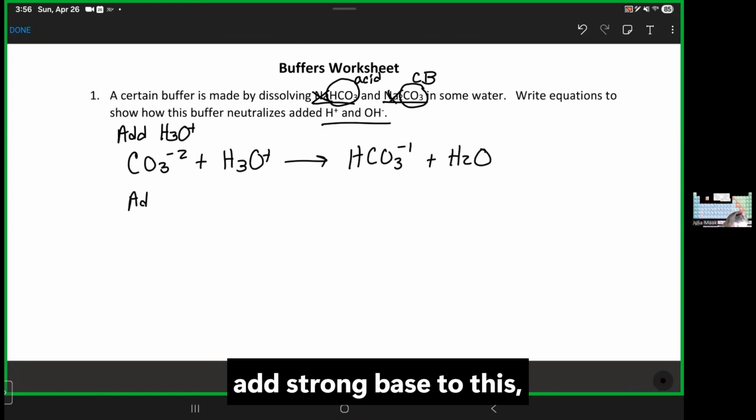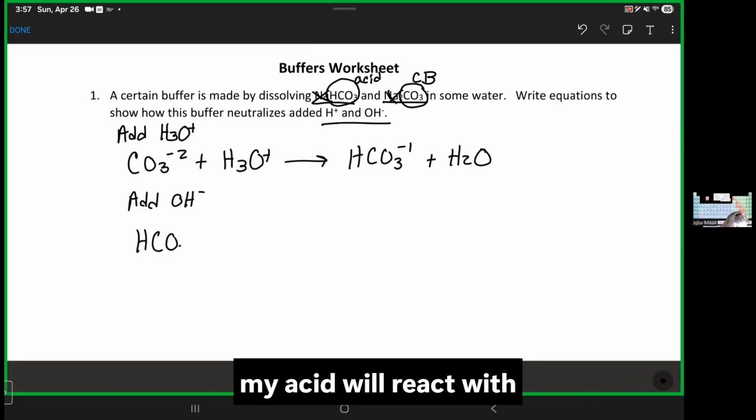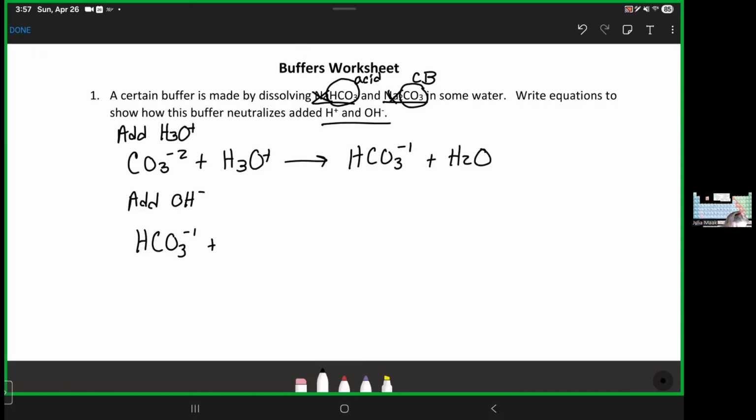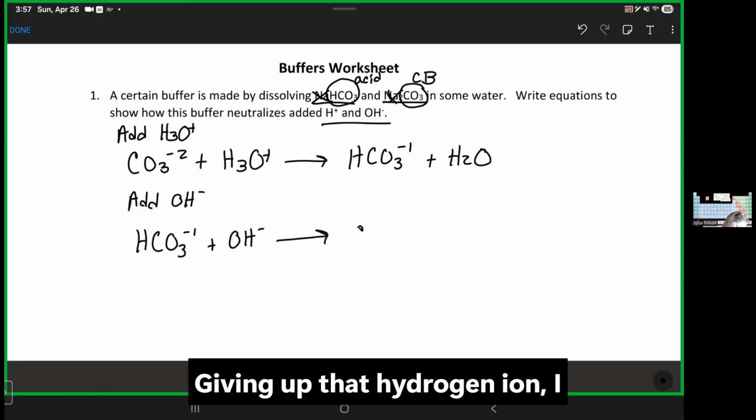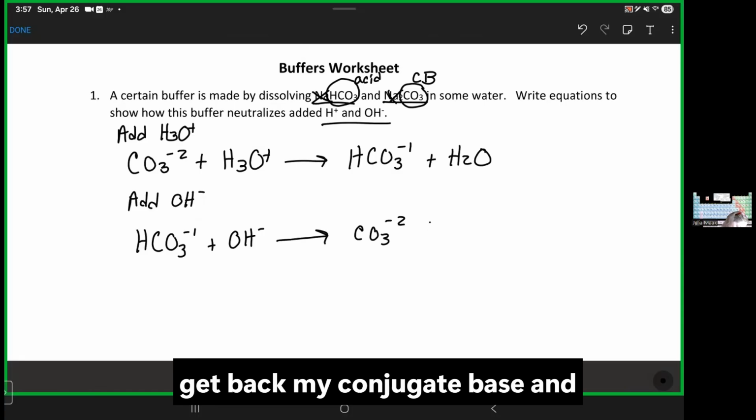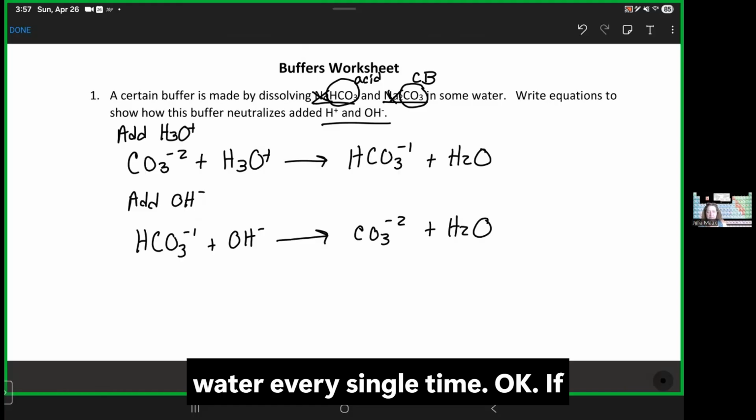If I add strong base to this, my acid will react with it, giving up that hydrogen ion. I get back my conjugate base and water every single time.